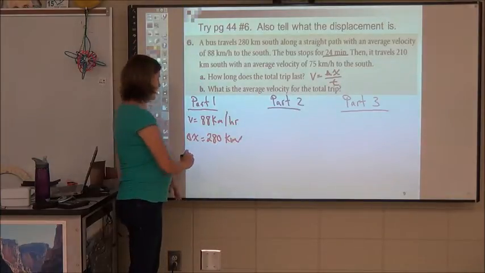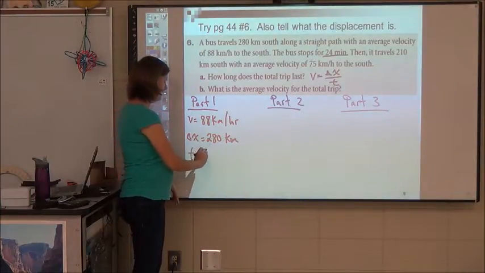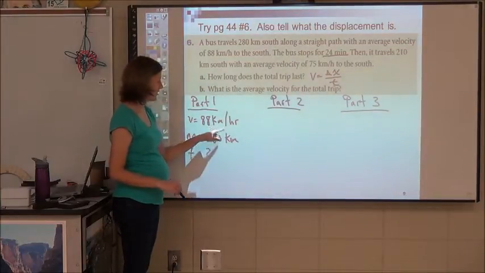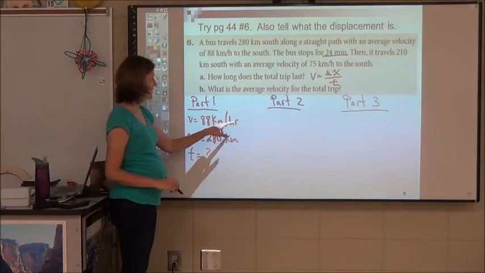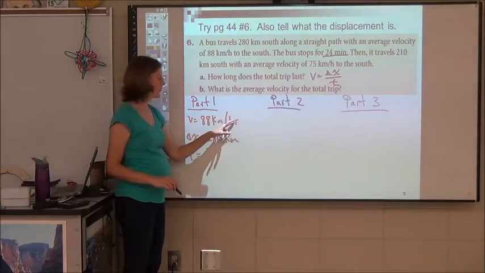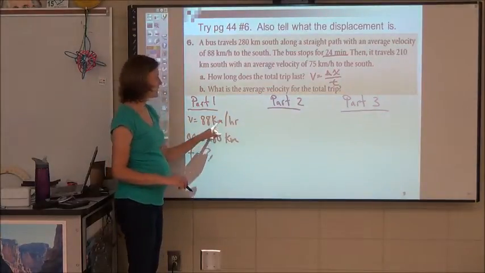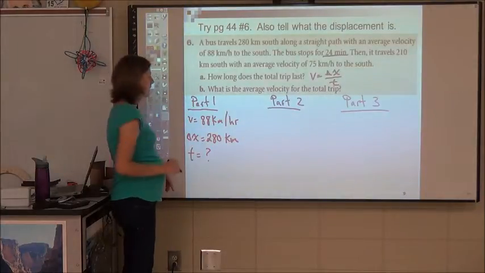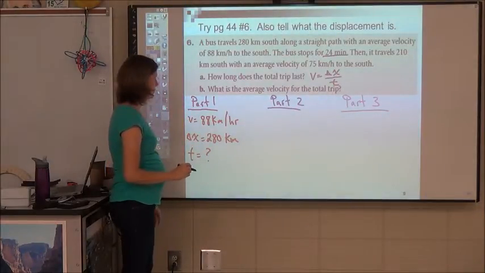And that leaves me with finding the time. So time is what I want. In this little section, the units match, kilometers, that's fine. I know my time answer will be in hours, since I was basing this off of kilometers per hour in the first place.